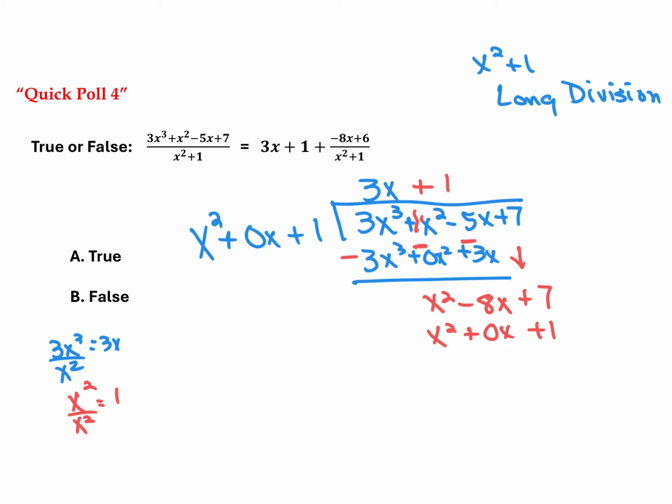I am going to subtract, which means that I'm taking the opposite, negative, negative, negative, and combine to get negative 8x plus 6. This is my remainder. Therefore, I write my remainder over my original divisor, which was x squared plus 1.